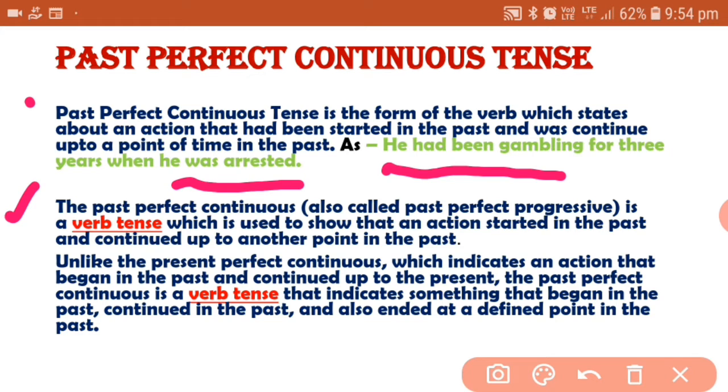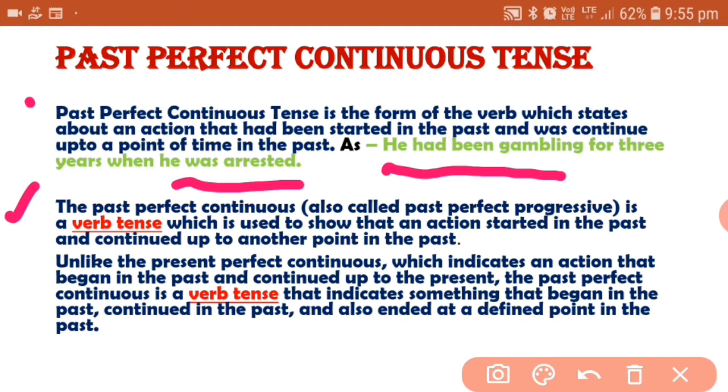Unlike the present perfect continuous which indicates an action that began in the past and continued up to the present, the past perfect continuous is a verb tense that indicates something that began in the past, continued in the past, and also ended at a defined point in the past.